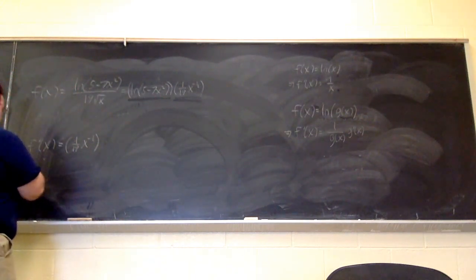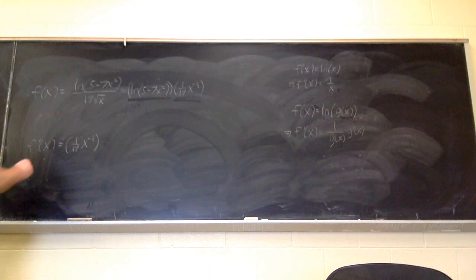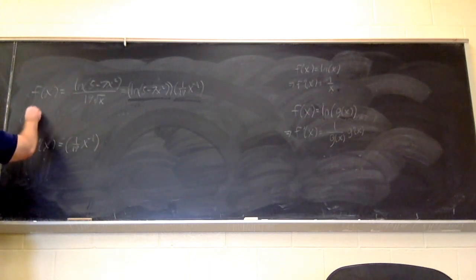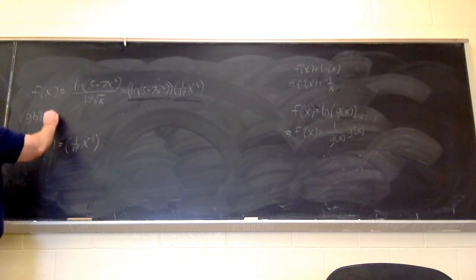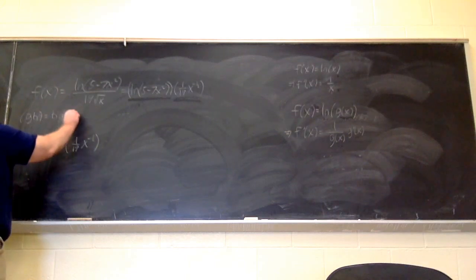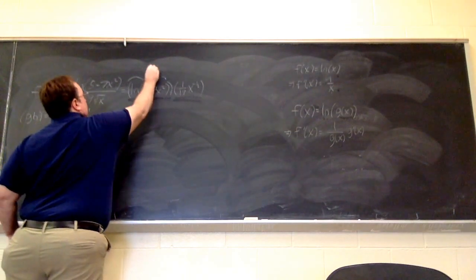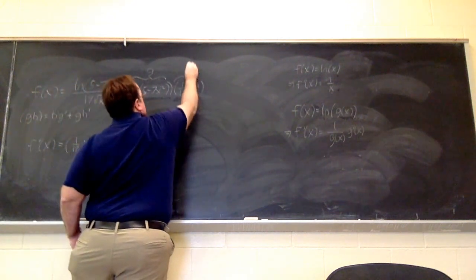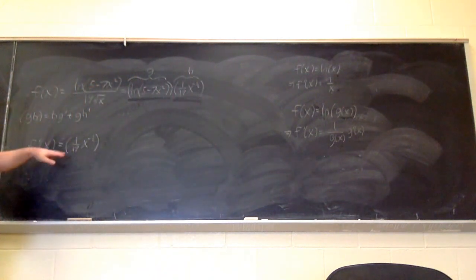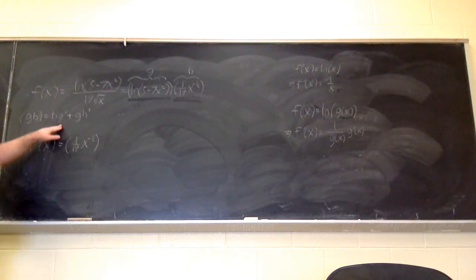To refresh your memory, I'll write the product rule down here. The derivative of g times h is equal to h times the derivative of g plus g times the derivative of h. So this right here is my g, and this right here is my h. So I just wrote down my h, and now you take a derivative of g.